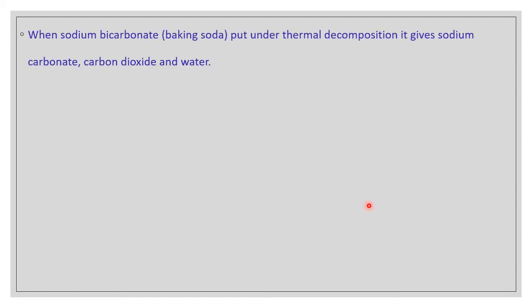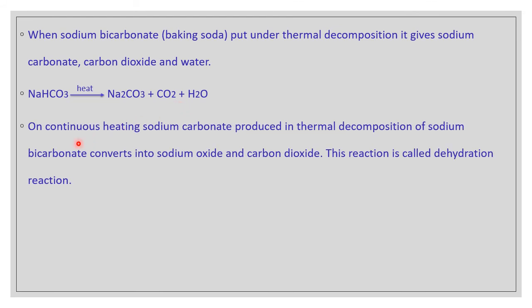When sodium bicarbonate is put under thermal decomposition, what happens? It decomposes and gives its carbonate, carbon dioxide and water. On continuous heating, the sodium carbonate produced converts into sodium oxide and carbon dioxide.